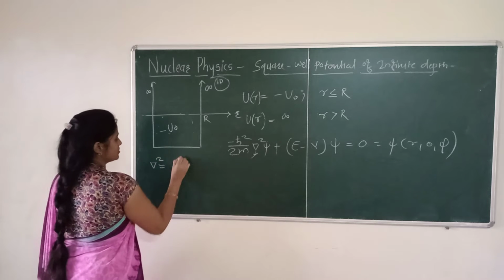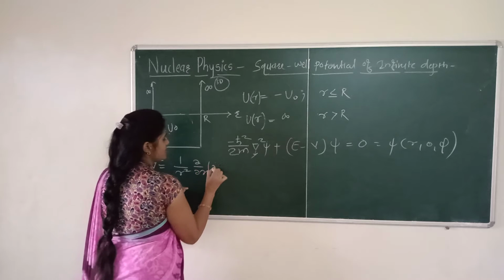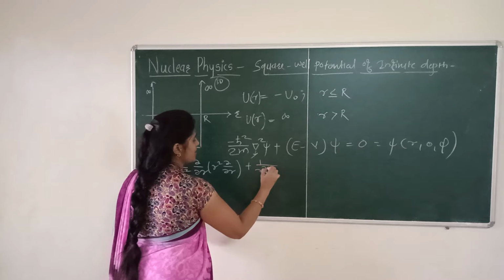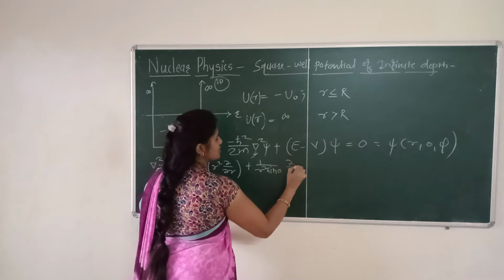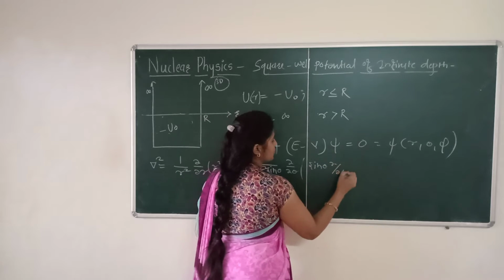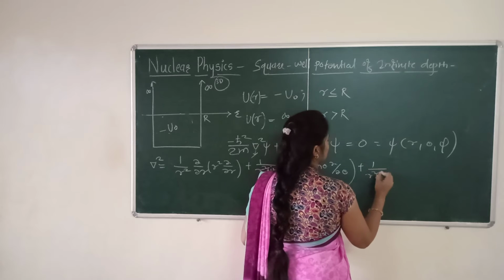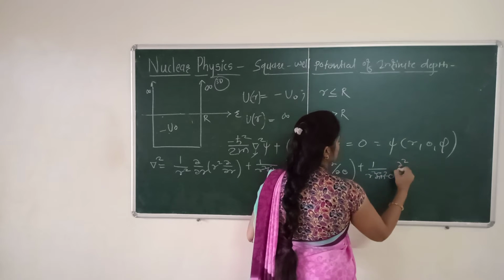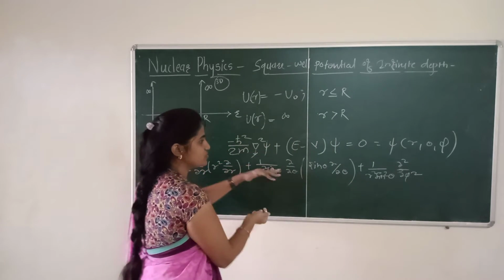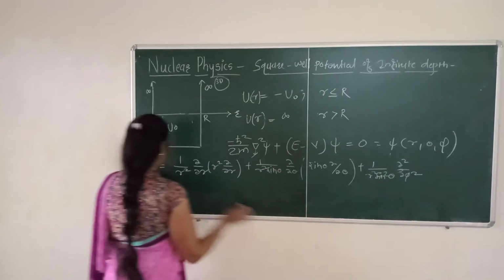Our del square is 1 upon r square dou by dou r of r square dou by dou r, plus 1 upon r square sin theta dou by dou theta of sin theta dou by dou theta, plus 1 upon r square sin square theta dou square by dou phi square. Now we are going towards finding the solution of psi of r, theta, phi. That is our del square.